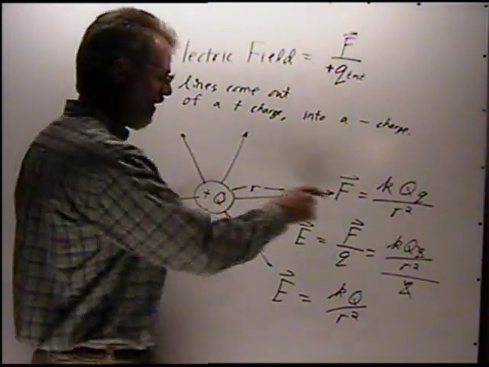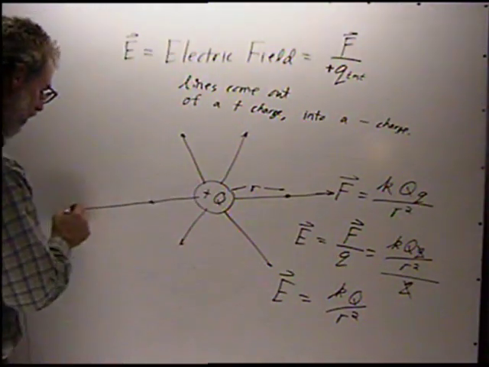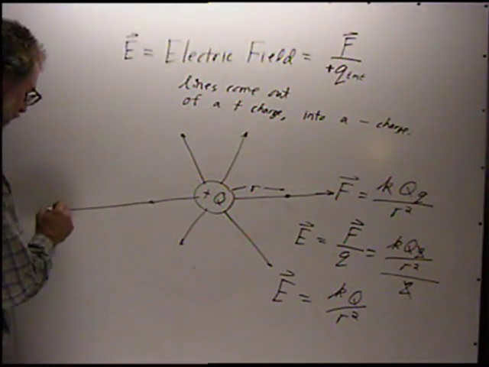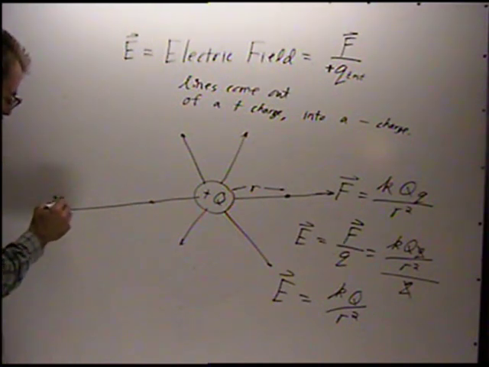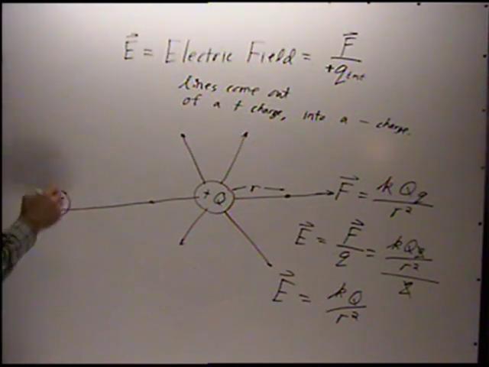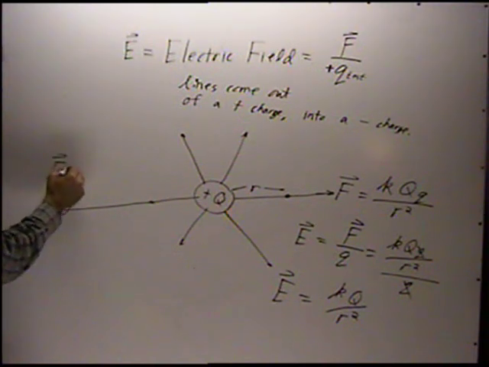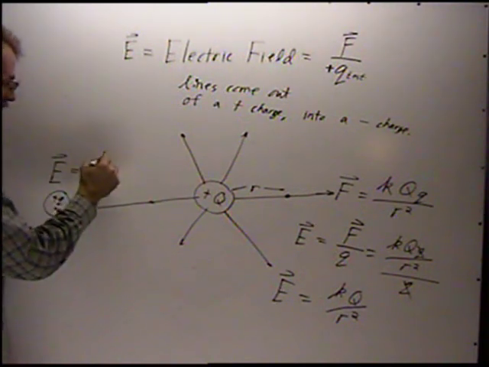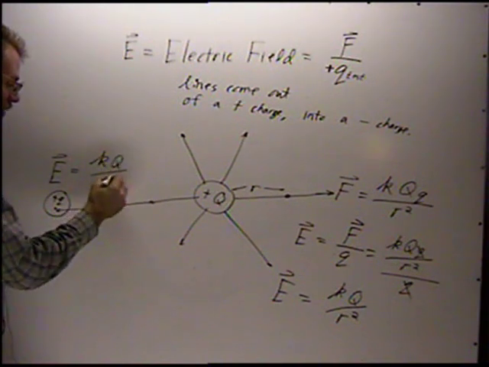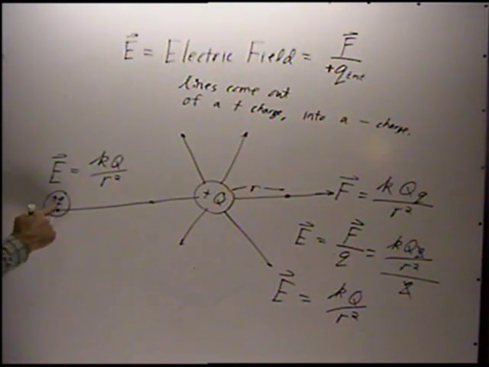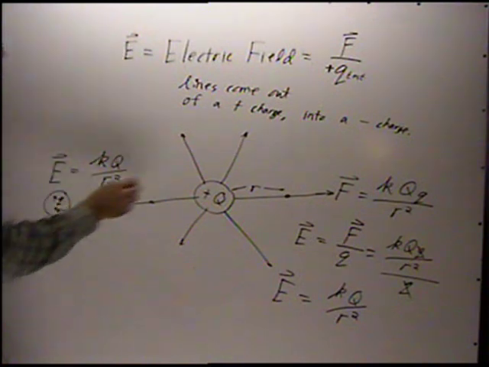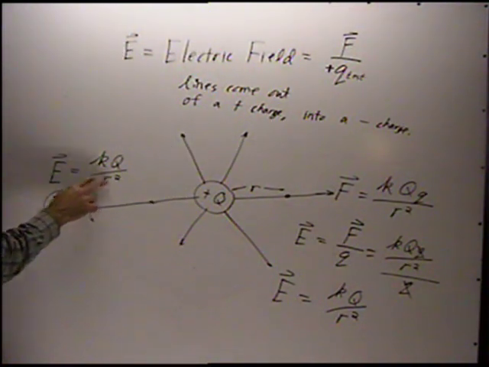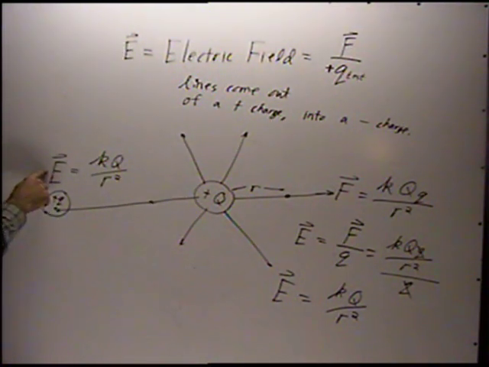The further out I go, suppose I put a test charge plus q way out here, and I want to calculate the size of the electric field way out here. Well, it will be simply K times Q over R squared. Again, the little q cancels out, and this R is much larger, so R squared is much larger, so the size of the electric field gets smaller.